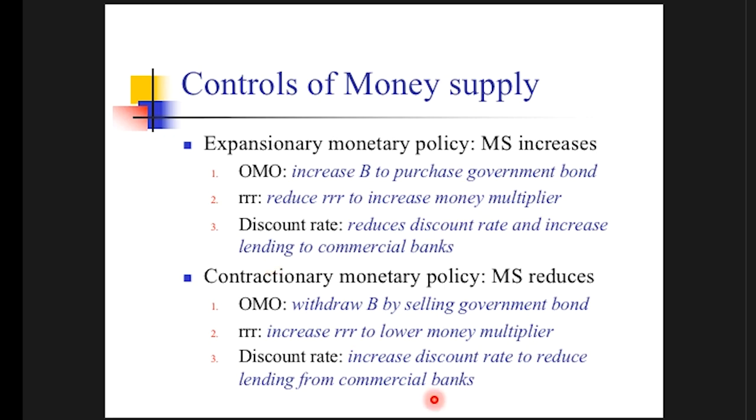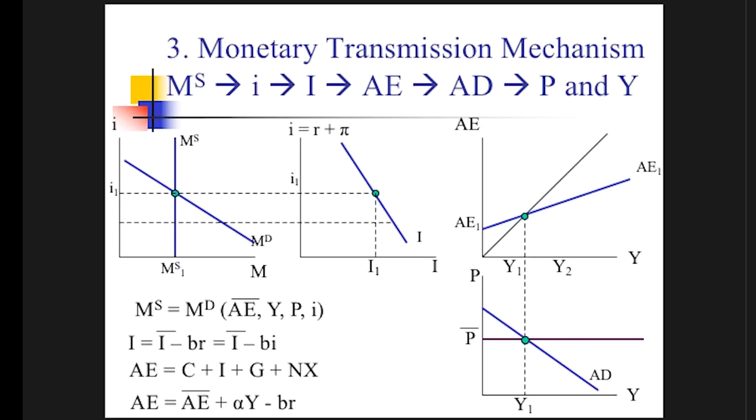So with the changes in the 3 operations like this, the money supply increases, and in the diagram, it will shift to the right at the higher level. Money supply increases and shifts to the right. In this market, we have a new equilibrium, and interest rate is reduced to the new equilibrium, small i2.